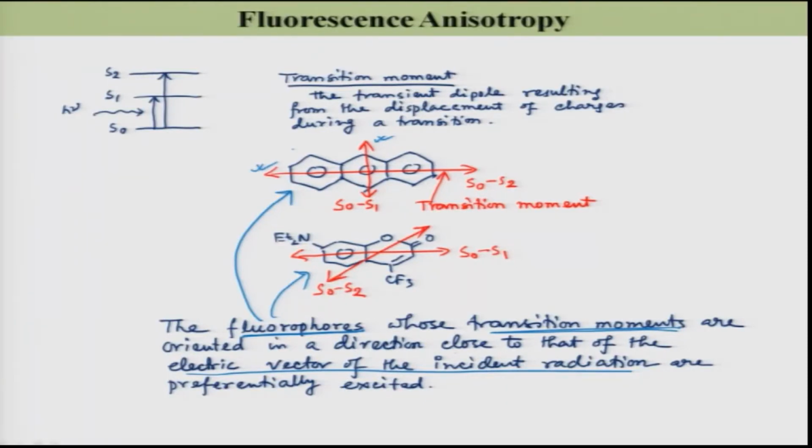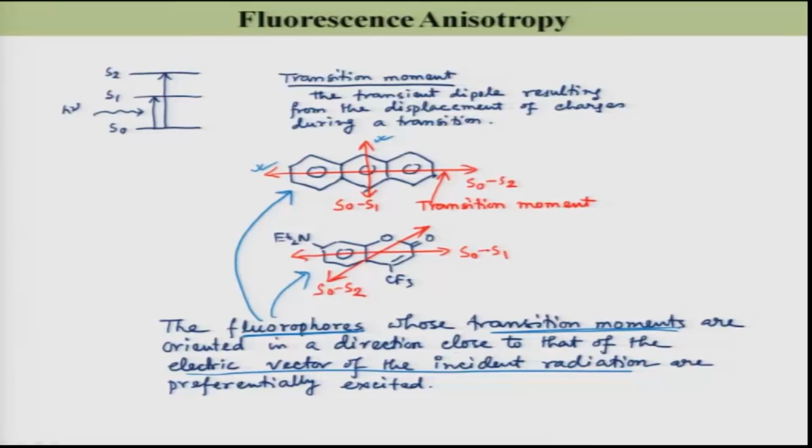So, for a particular excitation, either from S0 to S1 or S0 to S2, let us fix that for the time being. Let us consider that I am exciting from S0 to S1. For this anthracene molecule, this is my transition moment, and now let me replace this molecule only with its transition moment.